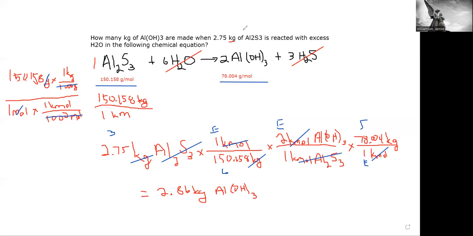Let me box that to make it a little clearer.